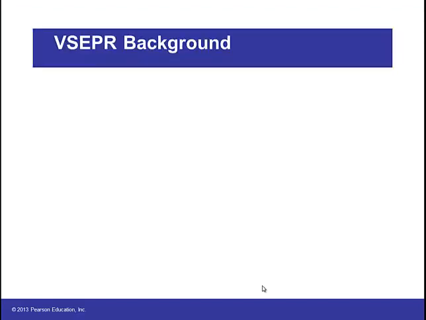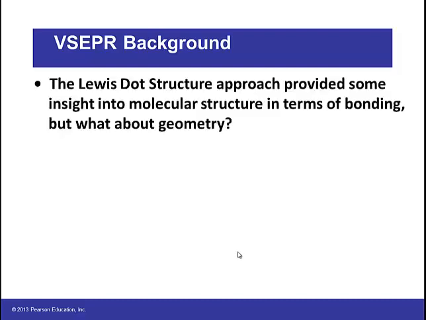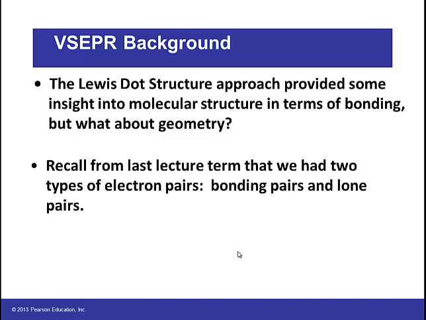So to help us understand the molecular geometries of organic molecules, we're going to study something that's called VSEPR or VESPR. So our Lewis dot structure for writing molecules provided some insight into the molecular structure in terms of bonding. But we really didn't look at geometry last term, so we're going to focus a little bit on the geometry of the molecules.